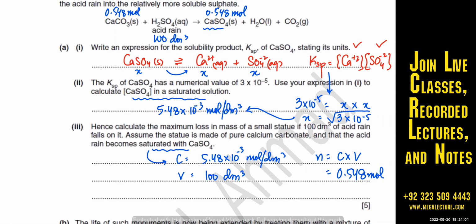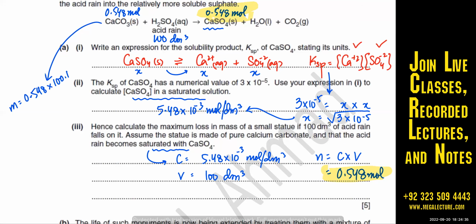Okay, so this 0.548, this came from here. So how much statue was dissolved? You're just going to find the mass, which is moles multiplied by the MR. So it's going to be 0.548 times the MR, which is 100.1.